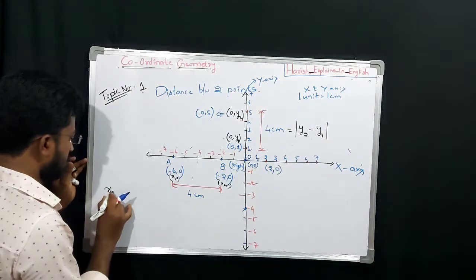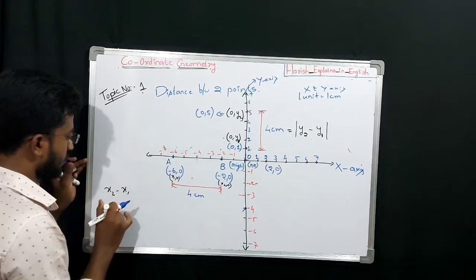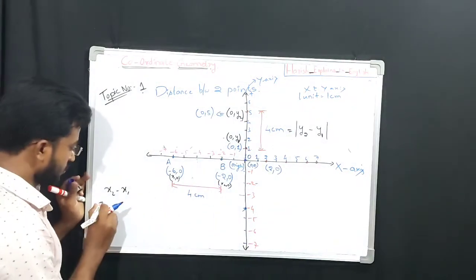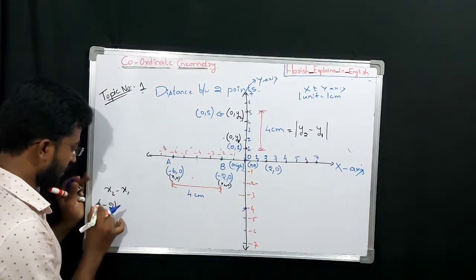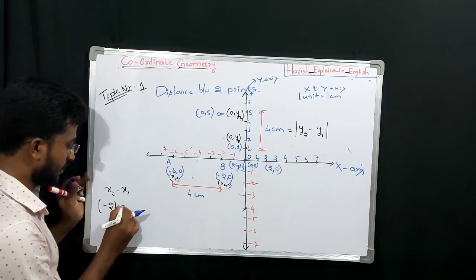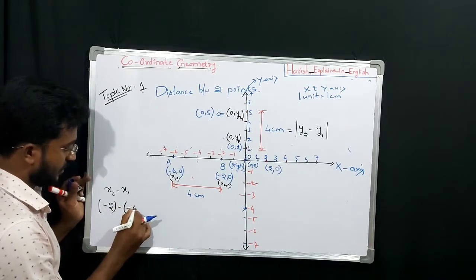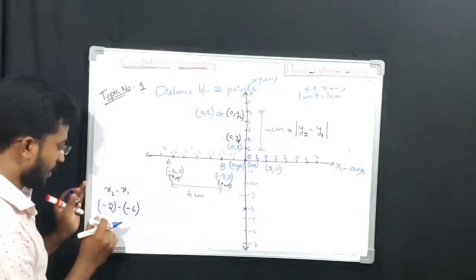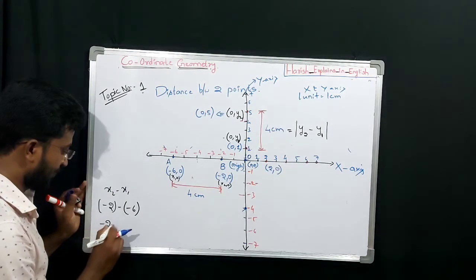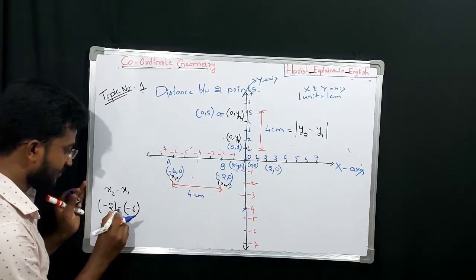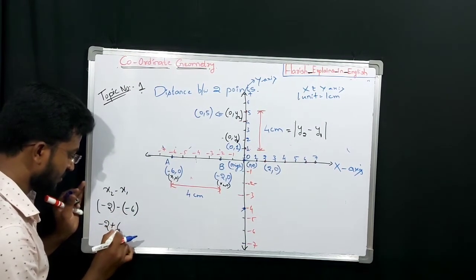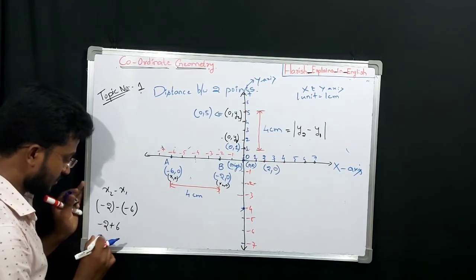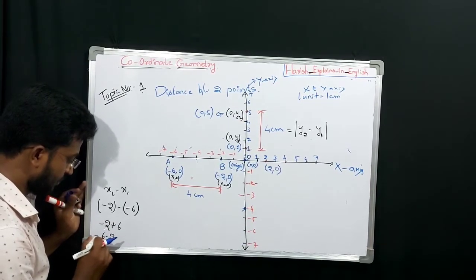Let us do x2 minus x1. The x2 value is minus 2. So be careful about the minus sign here in complete coordinate geometry. Let us take brackets here to clarify. Minus 2 minus of minus 6; here this is multiplication, because minus into minus is plus.